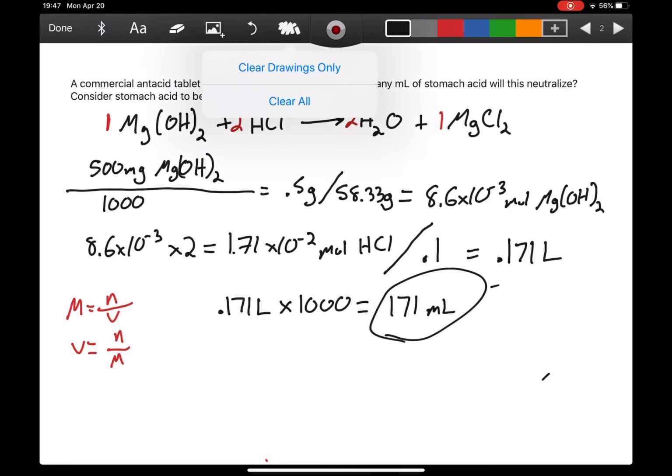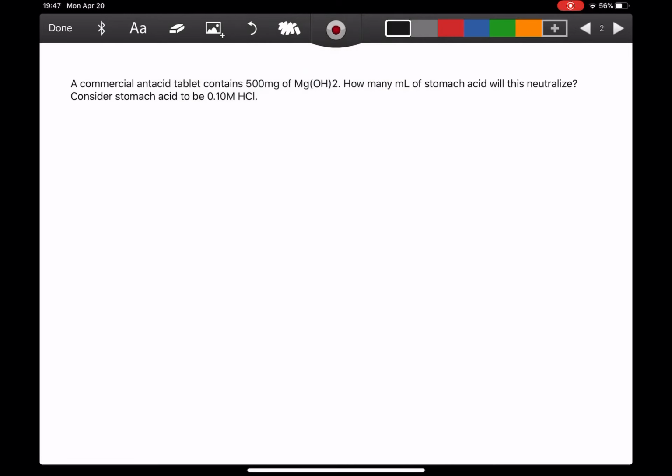So what if we solved it using dimensional analysis? What would that look like?